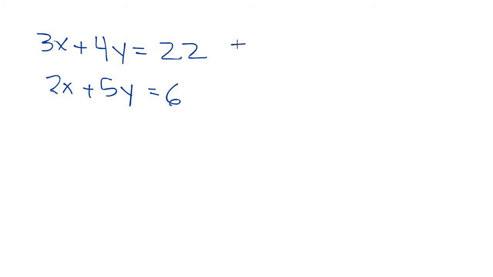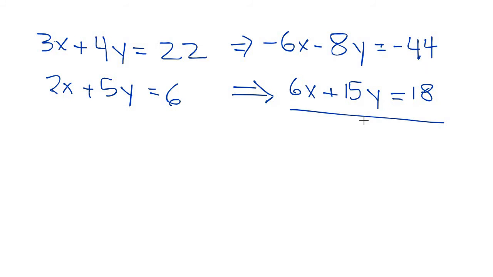So what we're going to do is multiply one of them by -2, so this becomes -6x. Meanwhile, we multiply the other one by 3, so this becomes a 6x, and these will cancel out when we add them.